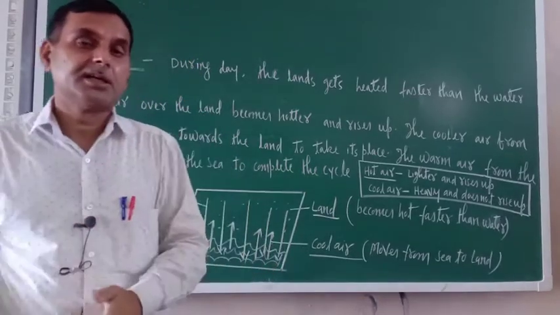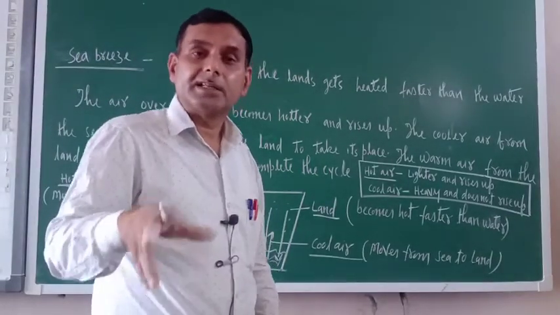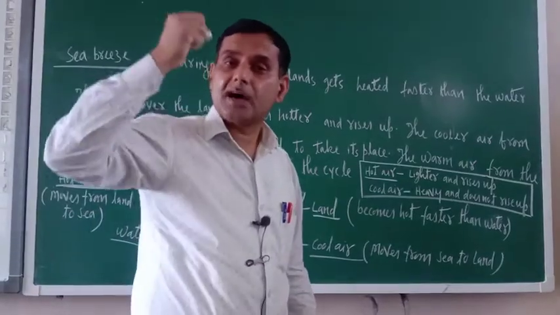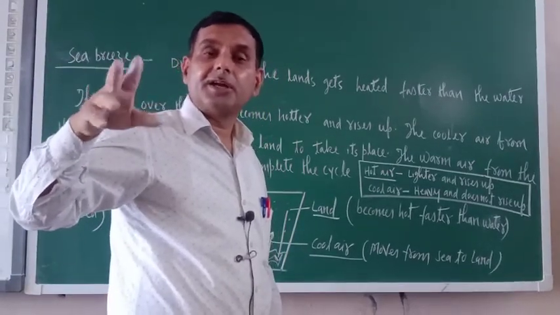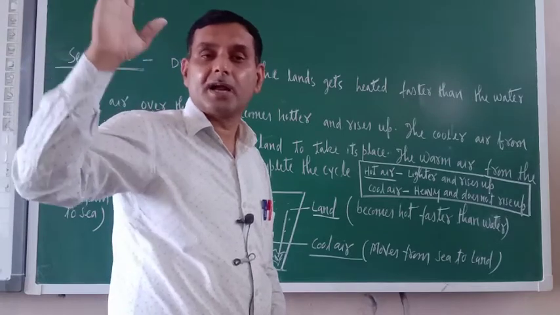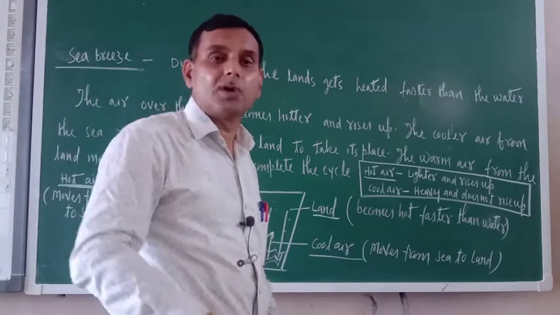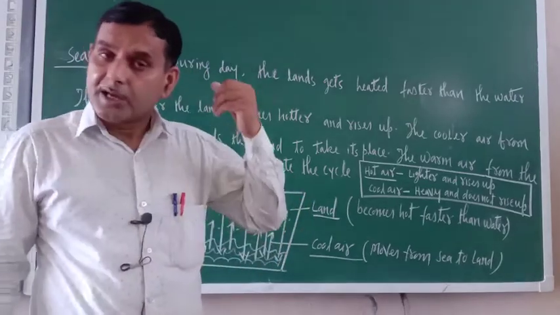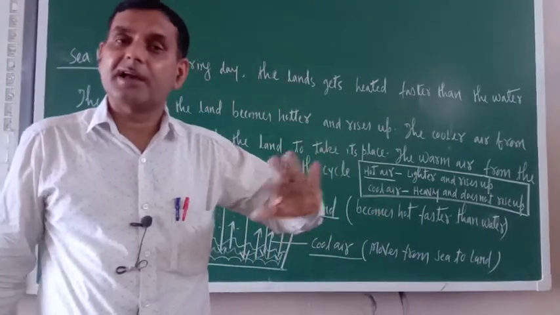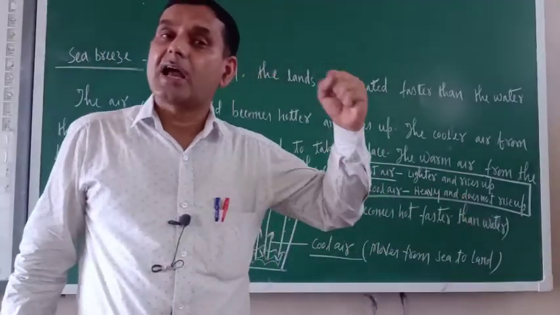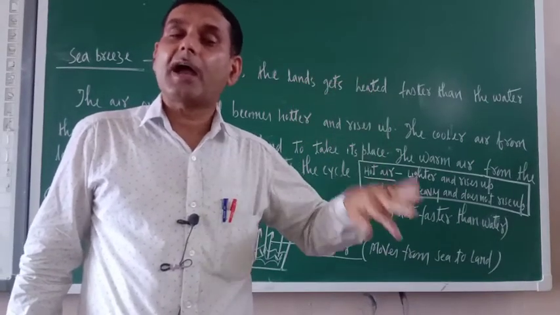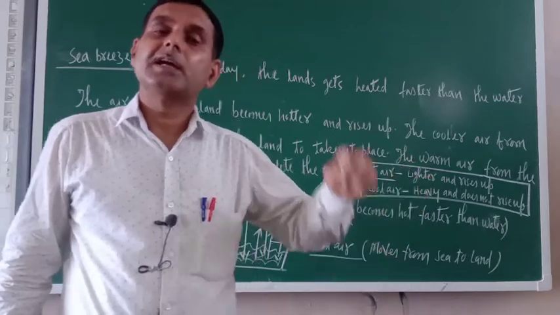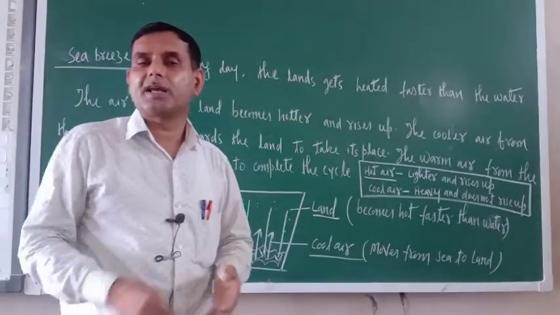That is why in some areas of Rajasthan like Churu and Ganganagar, daytime is extremely hot and night time is extremely cold, because there is sand everywhere, and sand becomes very hot in the daytime and very cool at night. The same happens in coastal areas also.